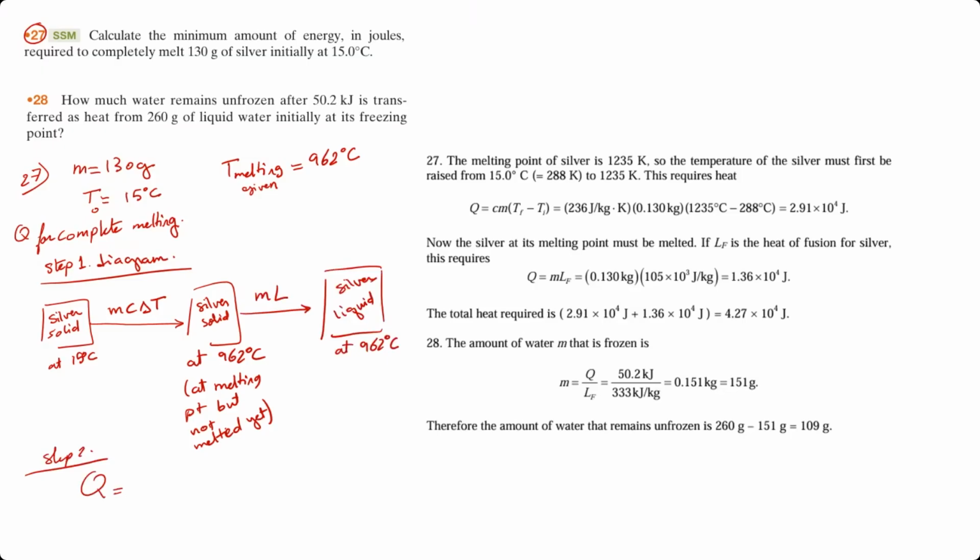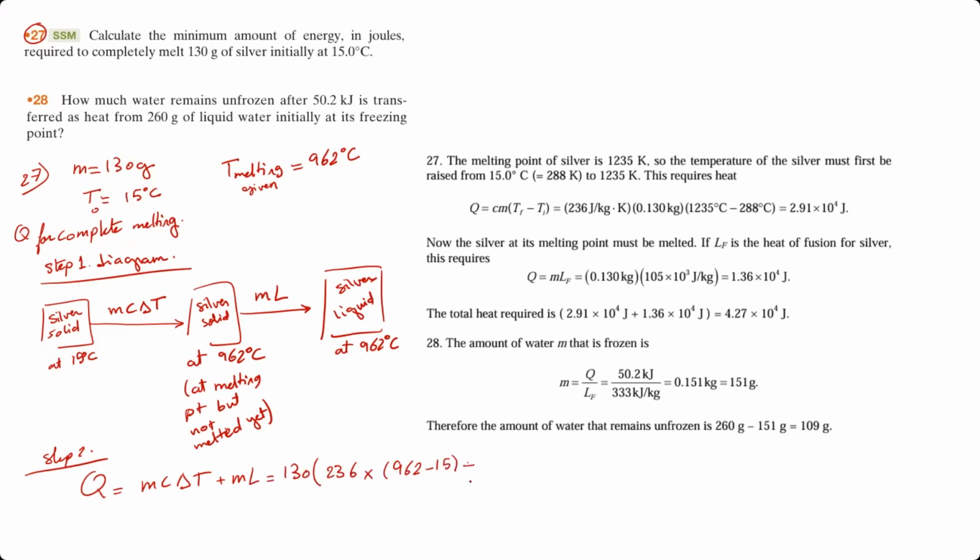Step 2, I'll just add all of the energies. I will have mc delta T plus mL. This is going to be 130 times the specific heat of silver. We can also look it up. 236. Delta T is 962 minus 15.